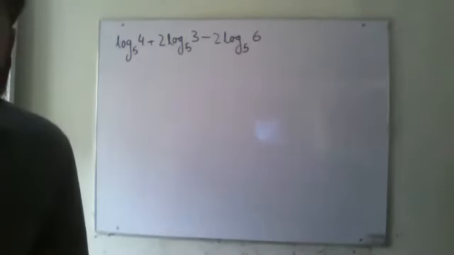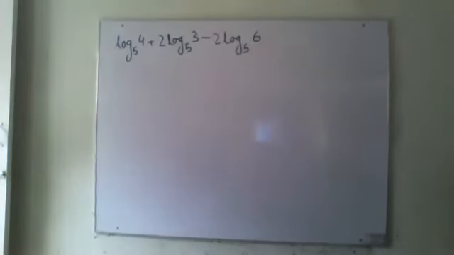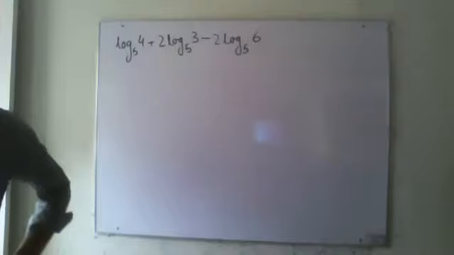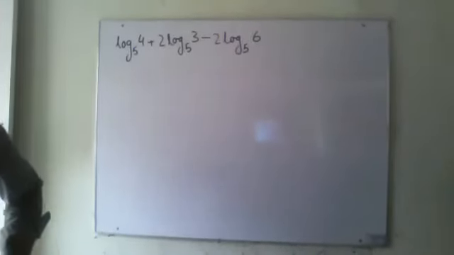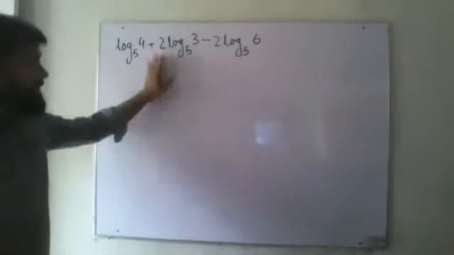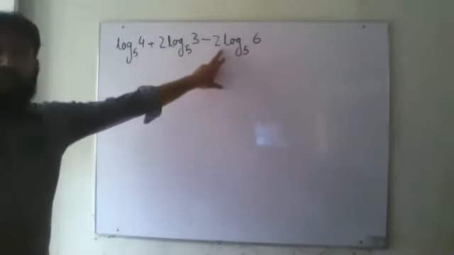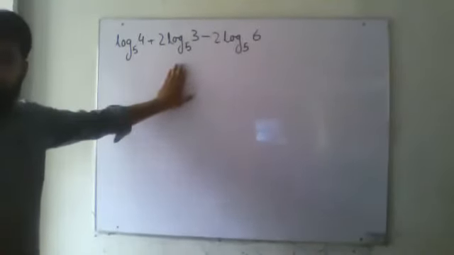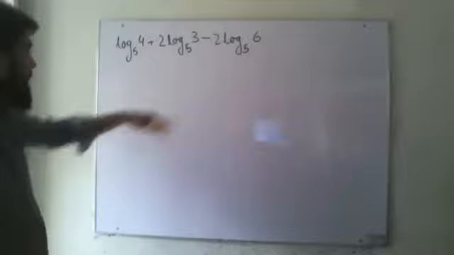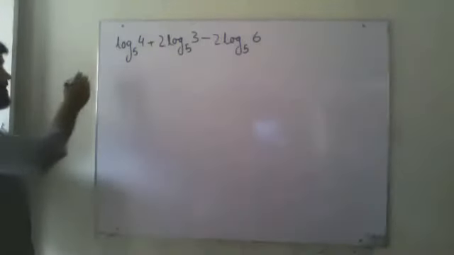Okay, this is the question which we have got over here. Now there are some plus signs, there are some minus signs, but be very careful that if something is written before log, try to remove that thing first and then apply your product or quotient rule. Okay, so this is my question.